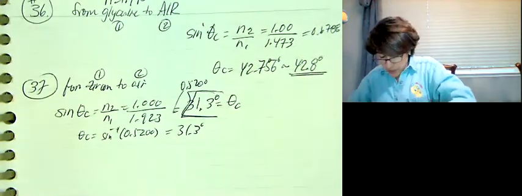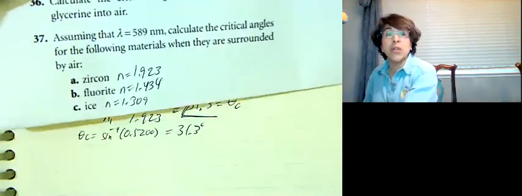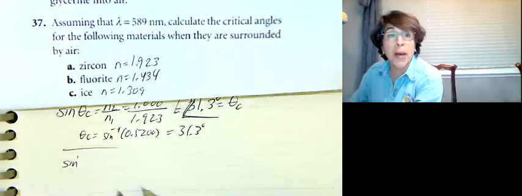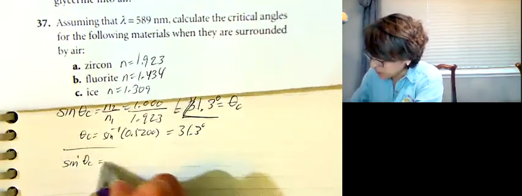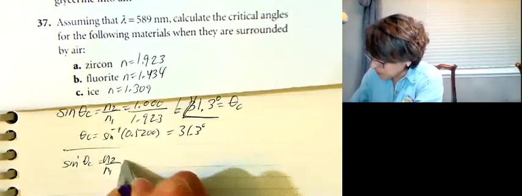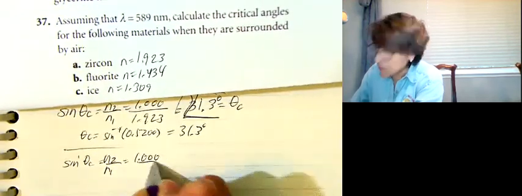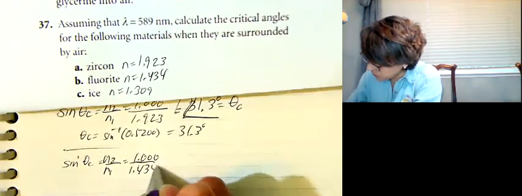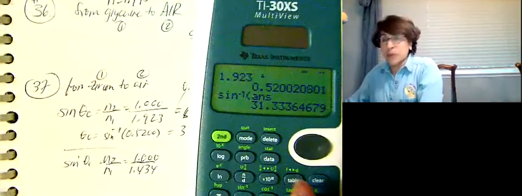All right, the second one, we want to go from fluorite to air. So let's do the next one. The sine of the critical angle: air is the second medium, and the first one is 1.434. Let's see what that is.